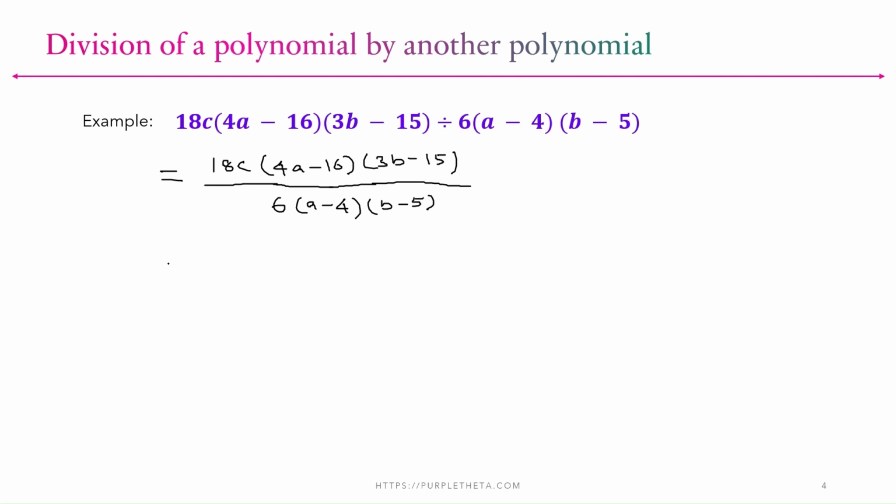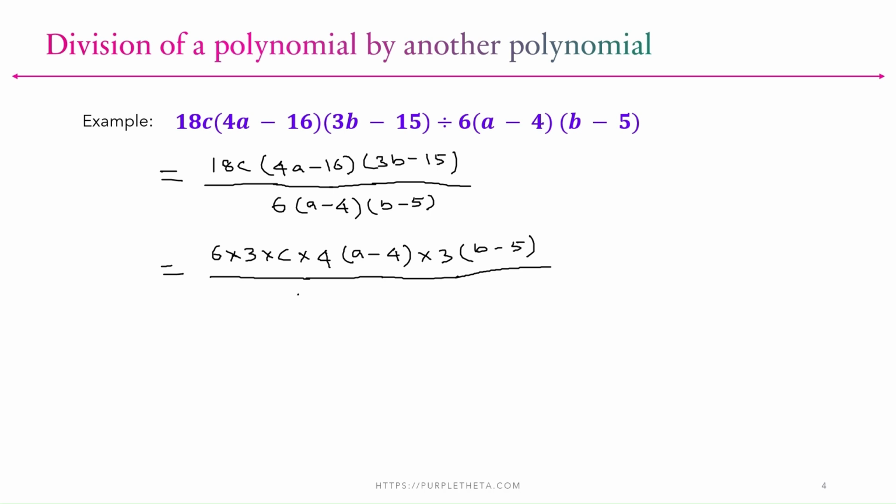In the earlier slide we saw that the numerator is written as 6 multiplied by 3 multiplied by c, that is 18c, then multiplied by 4, which we took out because it was common, then the bracket a minus 4, then another multiplication, and from the second term we had 3 common, and then the bracket b minus 5. Then we have a horizontal line to show division. At the bottom we have 6, then a minus 4, then b minus 5.